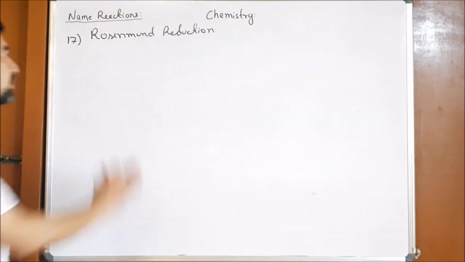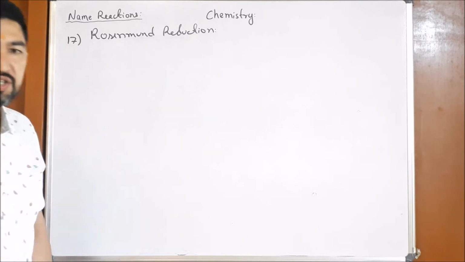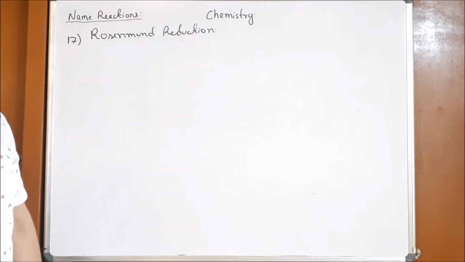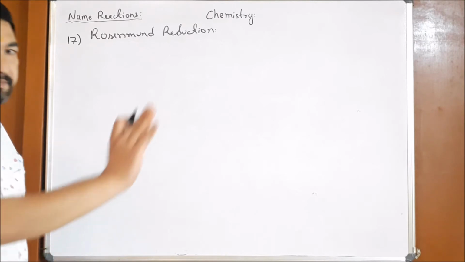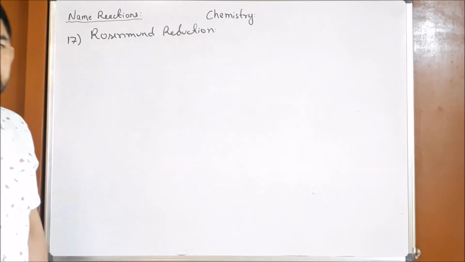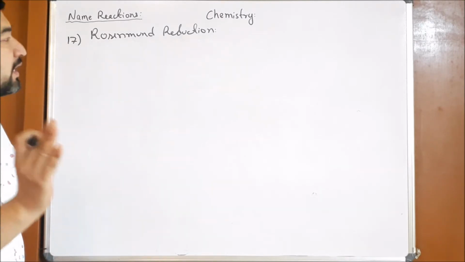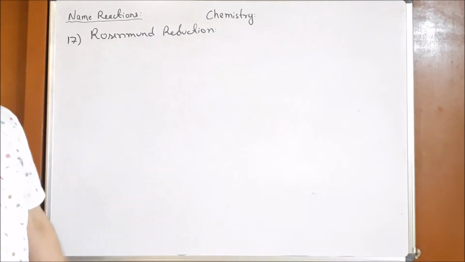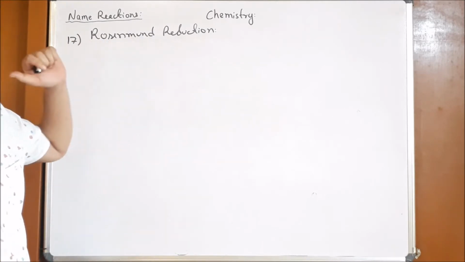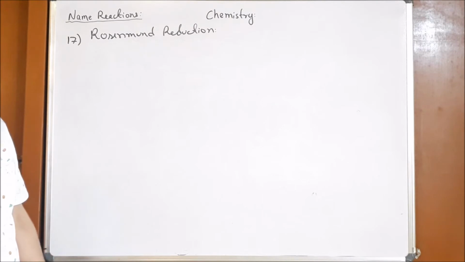The next is Rosenmund reduction, in which acyl chloride is treated with palladium and barium sulfate, and hydrogen gas is passed through it. Then it will be converted into the corresponding aldehyde.